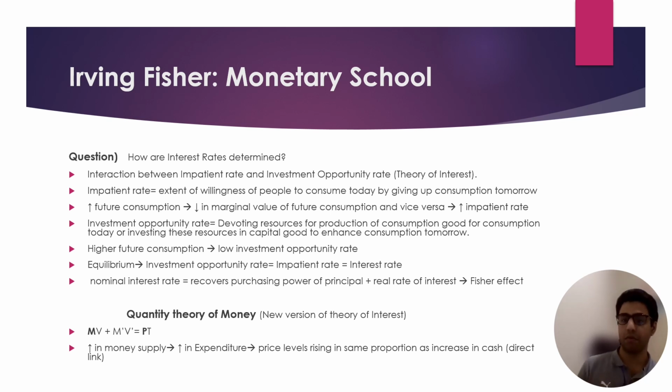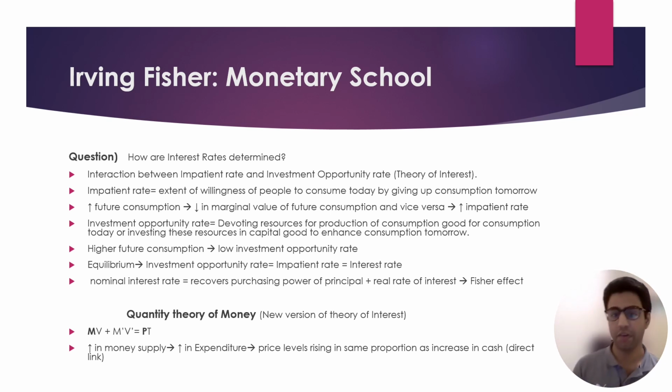So what was the role of money in the economy then? There's a simple rule that he introduced, that if money supply in the economy increases, then the prices are going to increase. And this is especially true in the short run.